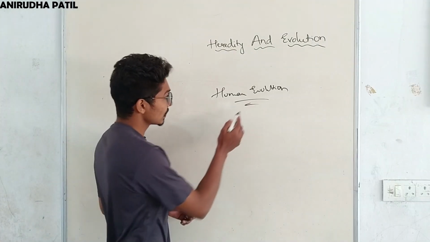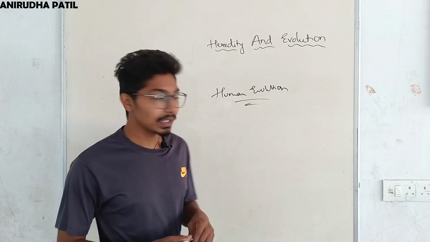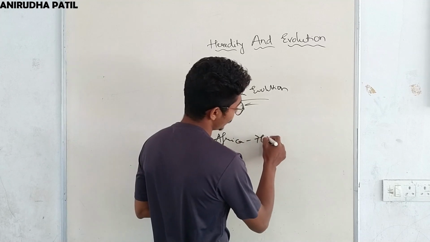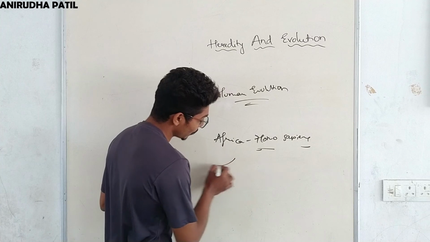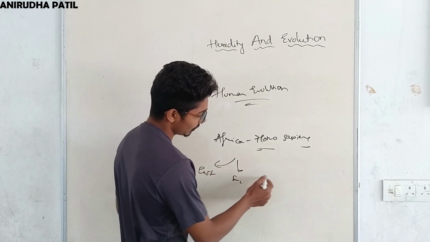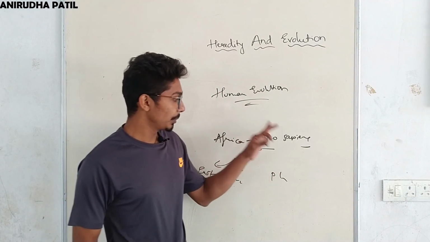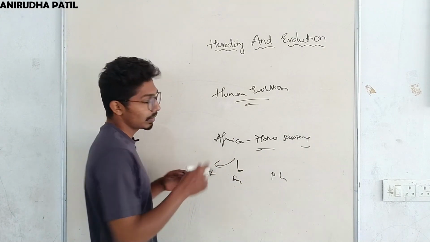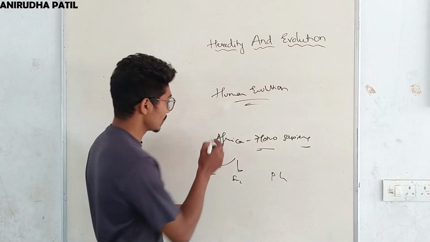That's it. Now the last concept is human evolution. Our ancestors' footprints were found in Africa, that is the origin of Homo sapiens. Then they traveled from Africa to different parts of the world, that is East Asia, South Asia, then the Philippines, Australia, etc. So the basic of human evolution is that we have evolved from the same origin, but there is difference in the characteristics or the appearance, but the origin is the same.